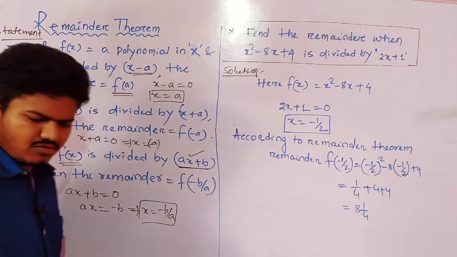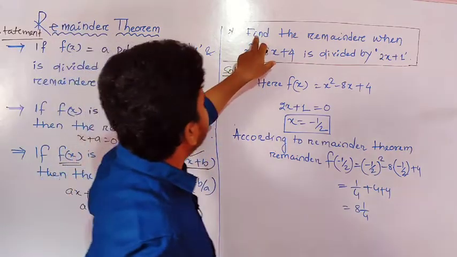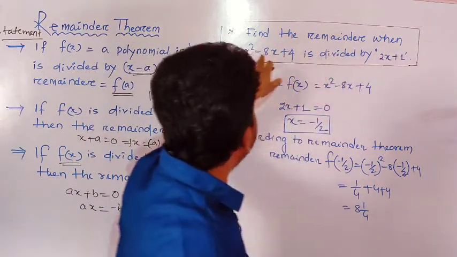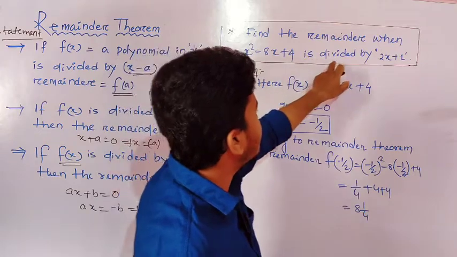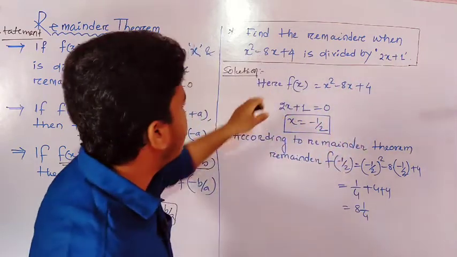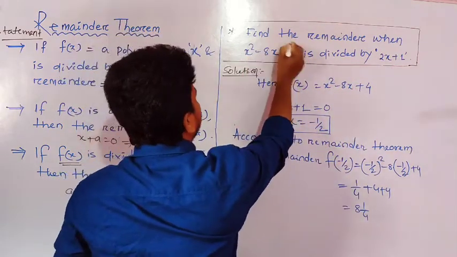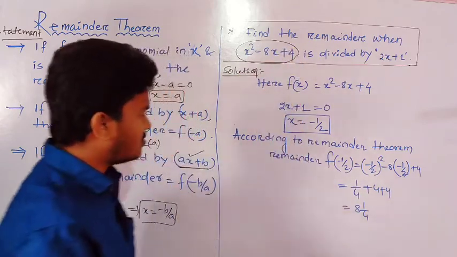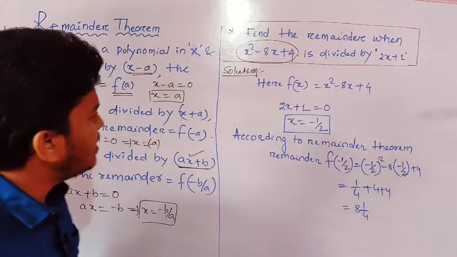Now let us do one example. Find the remainder when x square minus 8x plus 4 is divided by 2x plus 1. So what is f(x) here? This one is the dividend.